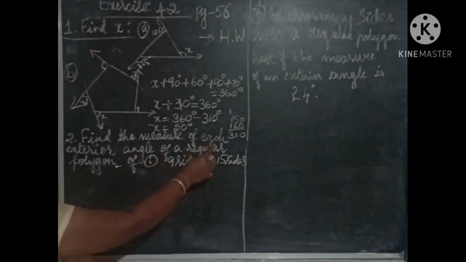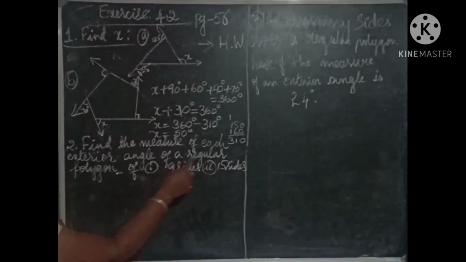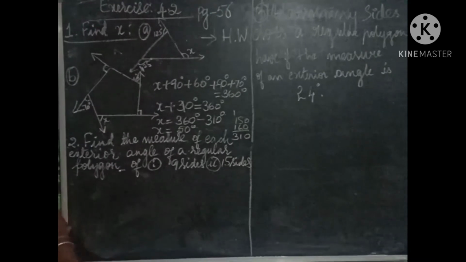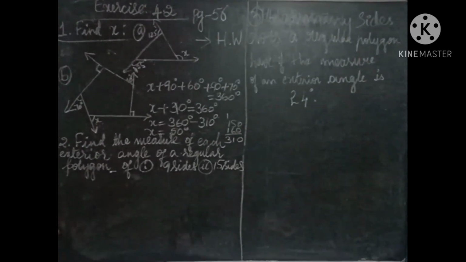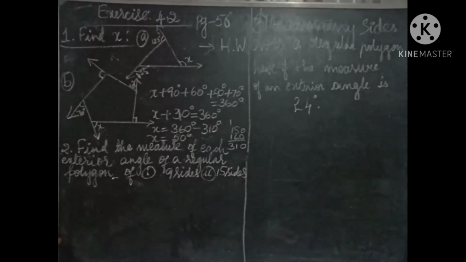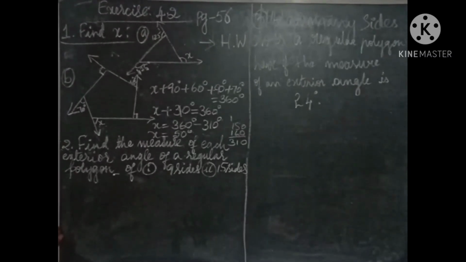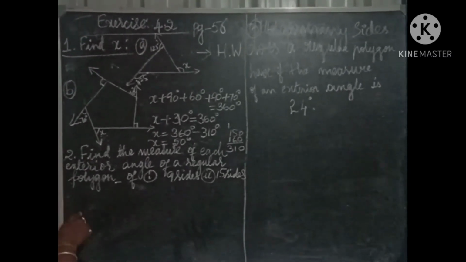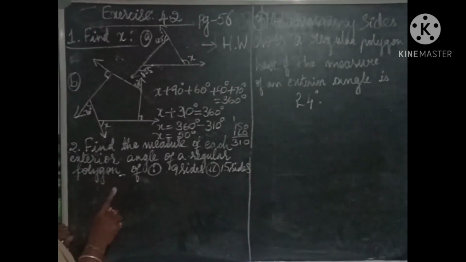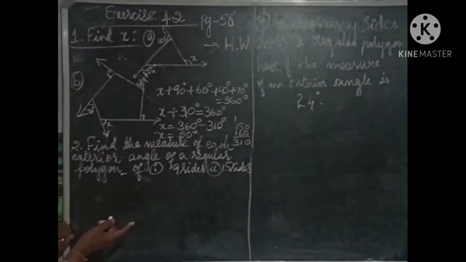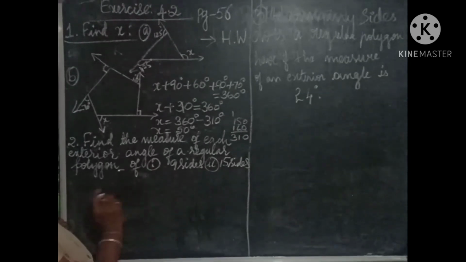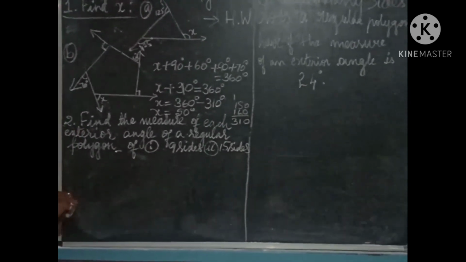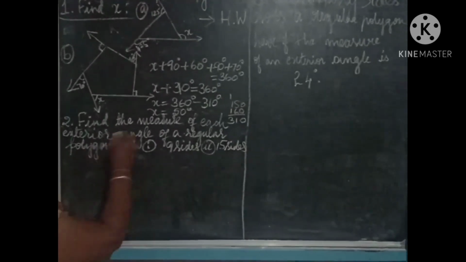Now, second question. Find the measure of each exterior angle of a regular polygon of 9 sides, 15 sides. In the example we studied the same concept, so we can use it here. They have given 9 as the number of sides, and we have to find each exterior angle.